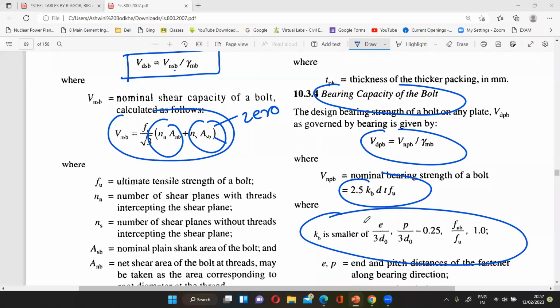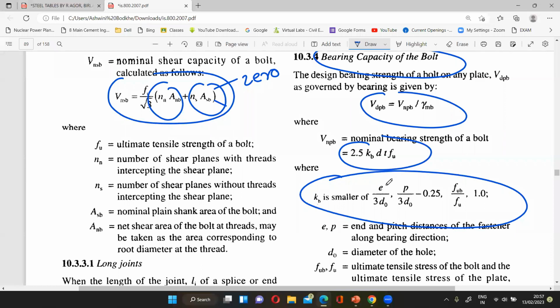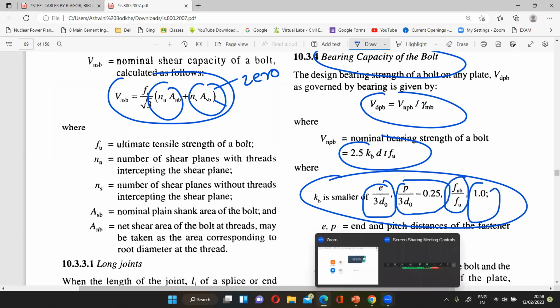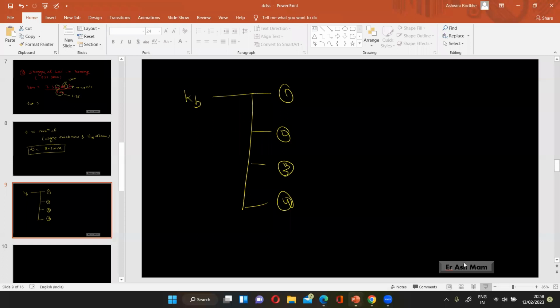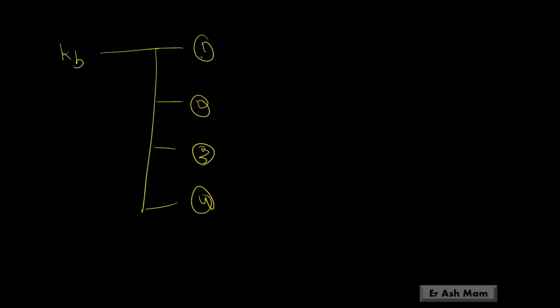And see here in the IS code the values are given, that is kb is the smaller of e upon 3d0, or p upon 3d0 minus 0.25, fub upon fu, and 1. First one is kb equal to e upon 3d0.